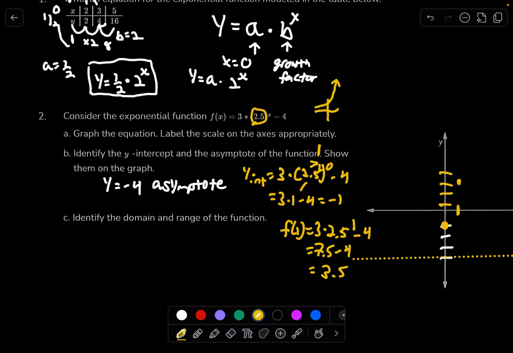When I grade your quizzes, I'm going to look for the correct y-intercept, the correct value when x equals 1, and also the correct horizontal asymptote. They just call it asymptote, but it's really a horizontal asymptote. I'm looking for those parts of the graph, and then you just connect the dots with a curve that you know it should look like.